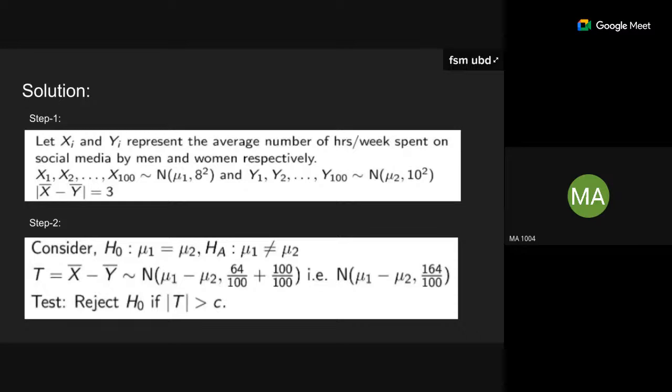By using expectation and variance of sum of independent random variables, you can get the expectation value will be mu1 minus mu2, and the variance value will be sigma 1 square by n1 plus sigma 2 square by n2. So you can get it easily.